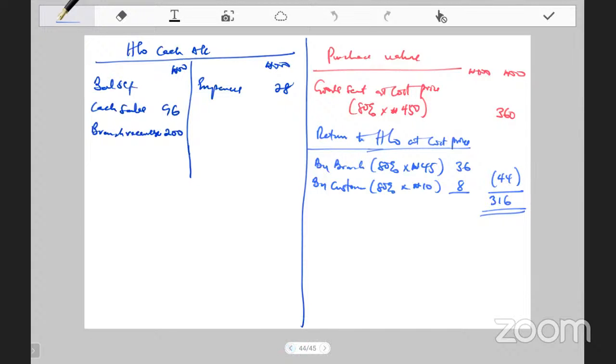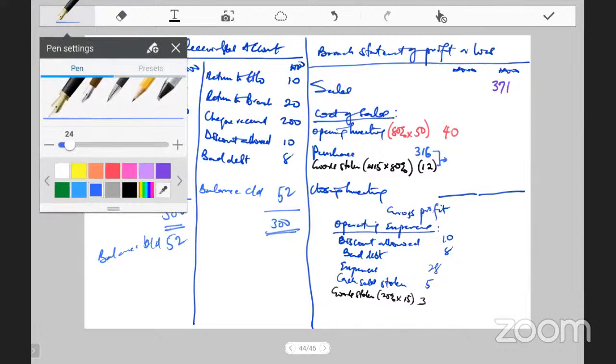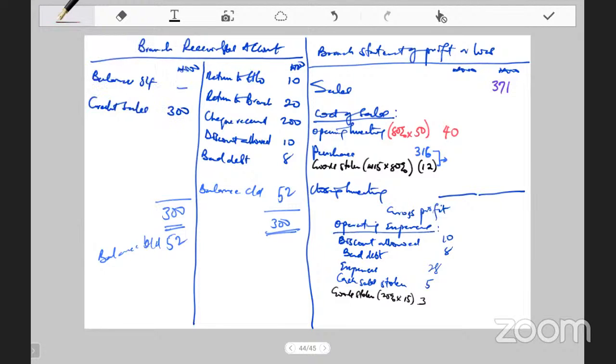So it means my purchase value is 316. So let's look for the difference. 316 minus 12, what would that give me? 304.